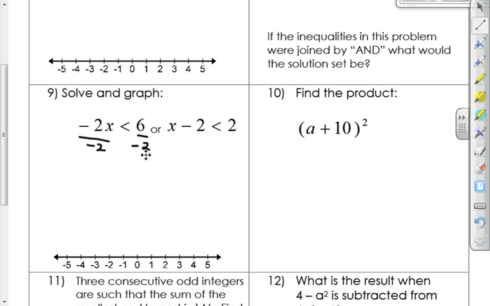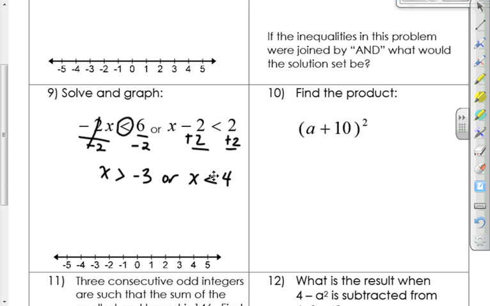I'm going to divide by negative 2, which is great for getting x to have a coefficient of 1. But remember, if we don't reverse the symbol here, we're going to get solutions that make the inequality false. So this must become greater than negative 3. Or we add 2 to both sides, and we get x is less than 4.